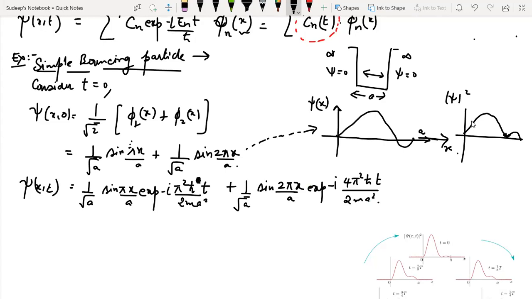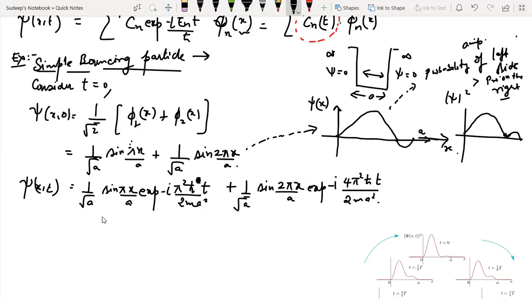It is quite evident that the probability amplitude of the particle lying on the left side of the well, for example greater than a/2, so somewhere a/2 would be here, and I know that the probability, or I should say the probability amplitude, of finding the particle on the left side of the box is greater than that of finding the particle on the right side. This is quite evident from the graph. I'm just giving you some extra information here.